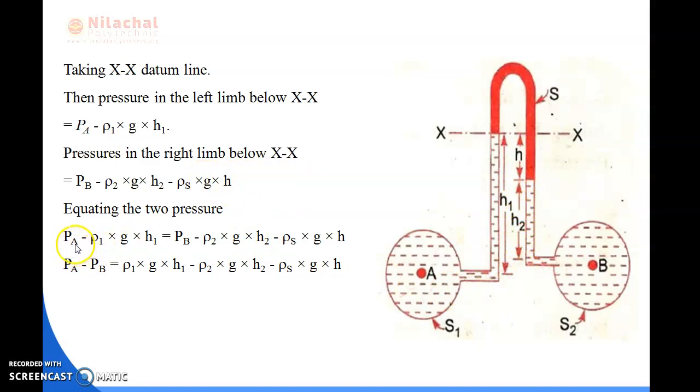So you will get PA minus rho 1 G into H1 is equal to PB minus rho 2 G into H2 minus rho S G into H. Our aim is to calculate the pressure difference, PA minus PB. So you will get rho 1 G into H1 minus rho 2 G into H2 minus rho S G into H. This is the final equation.